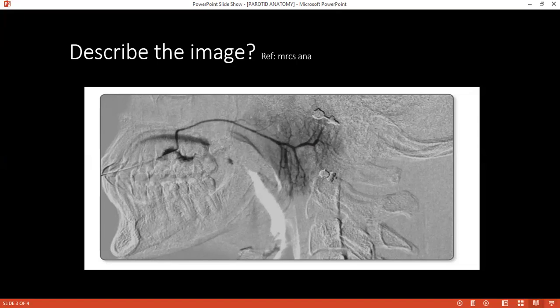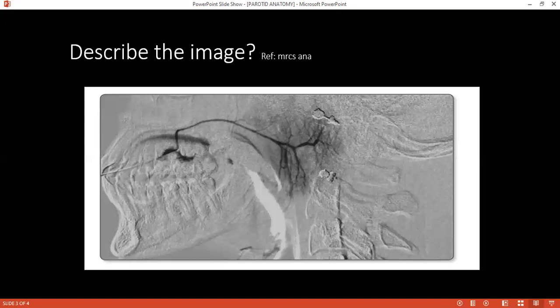What kind of image is this? A sialogram, to see the blockage of the duct. Which duct opens in the mouth? What's the name of the duct and where does it open? It's the Wharton duct. Yes, where exactly does it open? It opens in the vestibule of the mouth, opposite the second molar teeth.